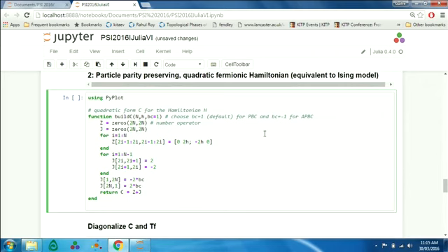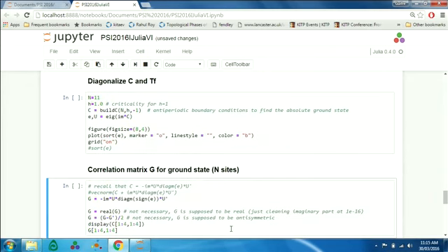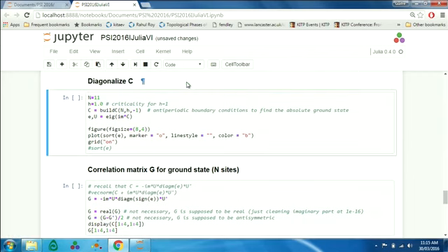So we could create this matrix C, and then we can diagonalize it. Again, we don't need translation operators, so I'm going to remove this. We can diagonalize it, again for 11 spins at criticality, and it's basically the same.